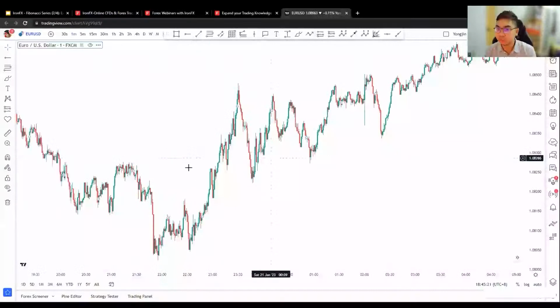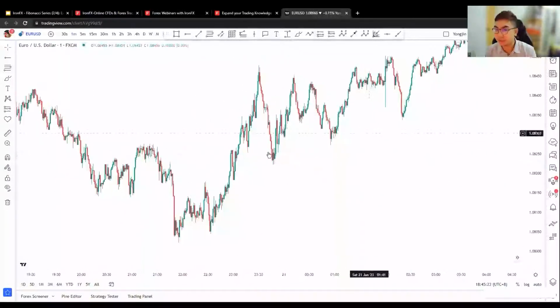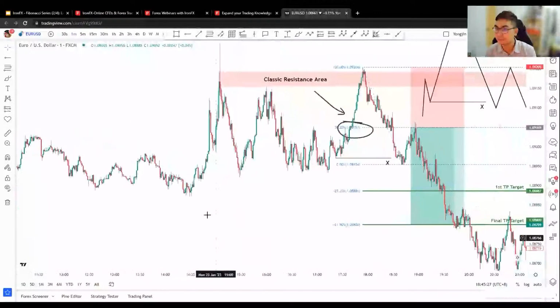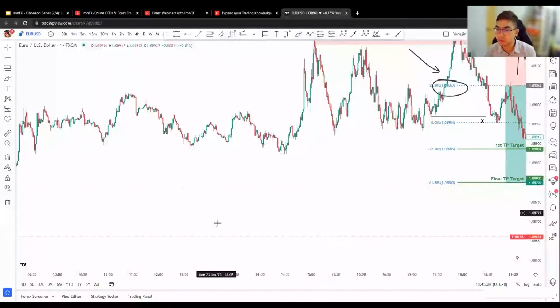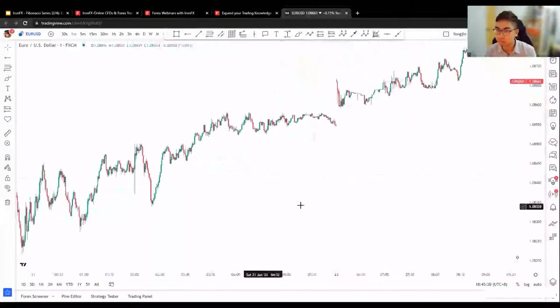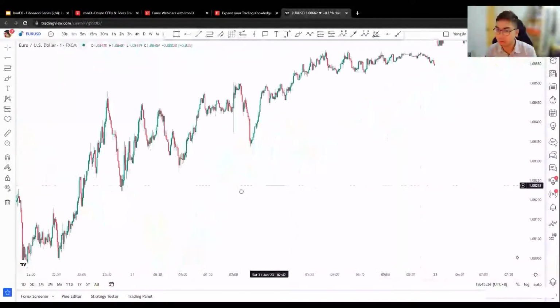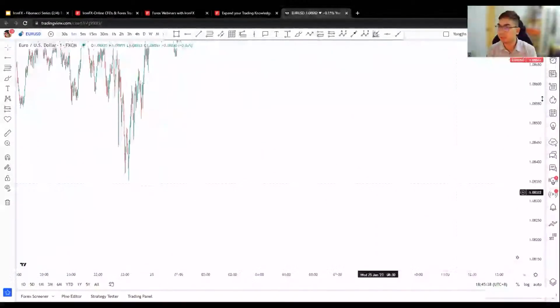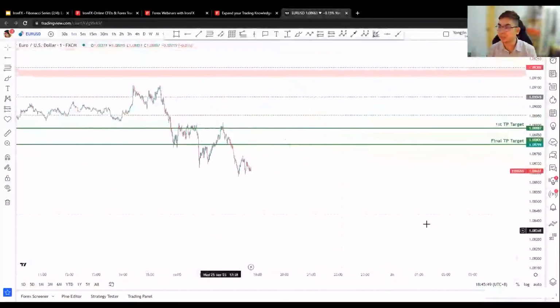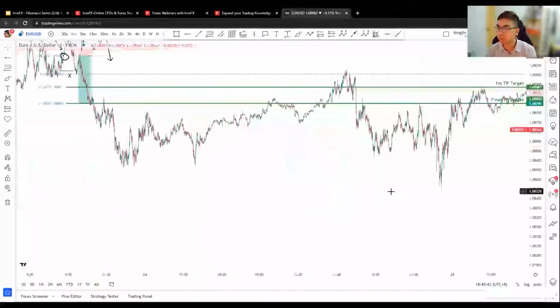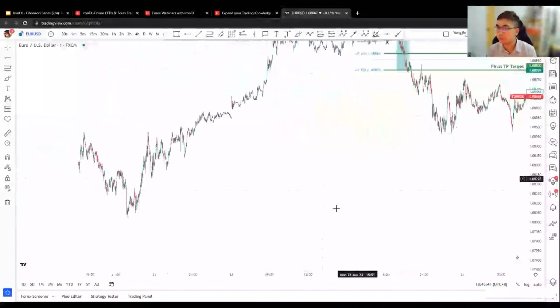Okay, so we actually have an extension setup. Let me move back to that setup. Just now I had it right there. Where is that setup? Okay, it's okay.